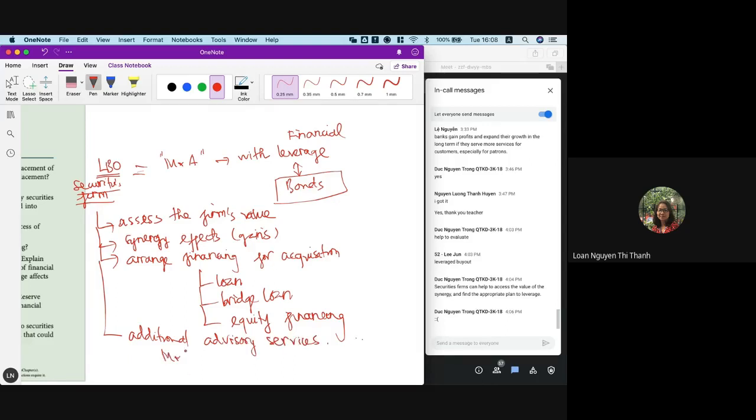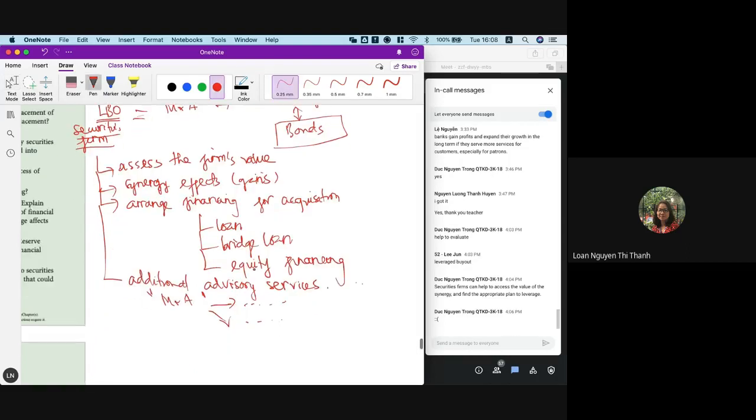And also they provide additional advice, if necessary. After the merger acquisition, whether we have restructuring in human resource management, or other aspects, corporate governance, for example. It's more about the investment banking services.